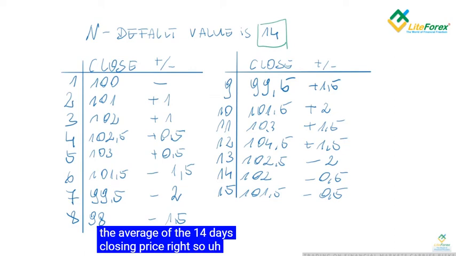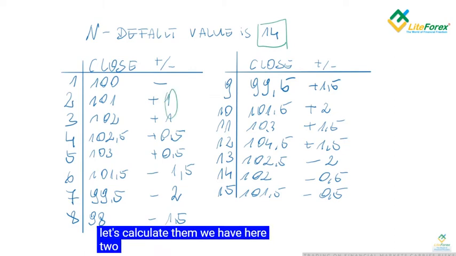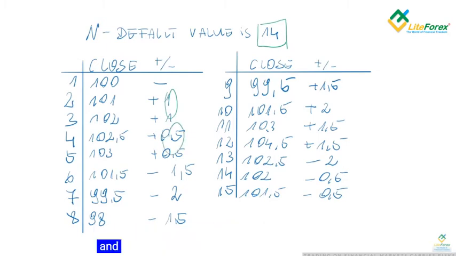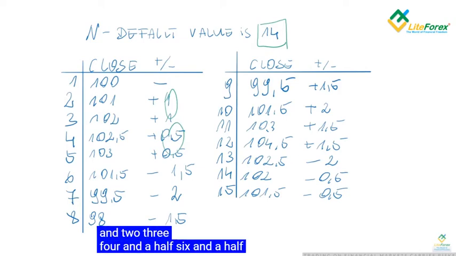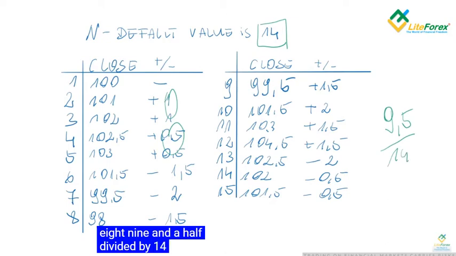So let's calculate them. We have here 2, 3, 2, 3, 4.5, 6.5, 8, 9.5, divided by 14, it gives us 0.68.